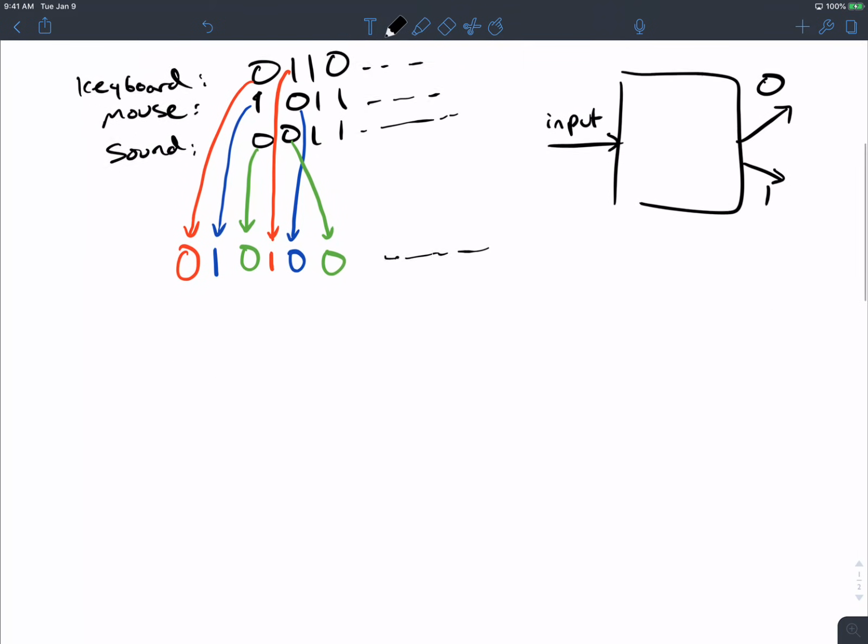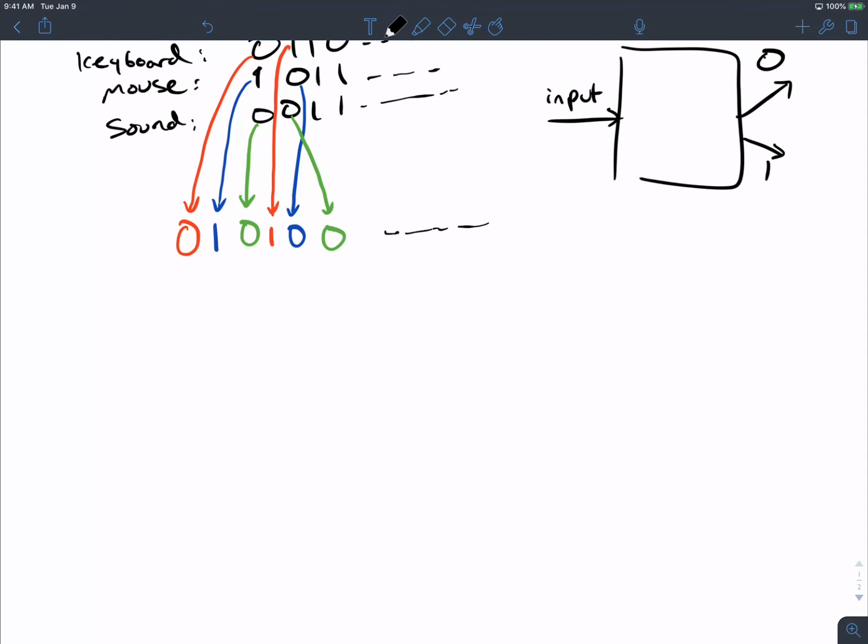Okay? So we can think of memory layouts of computers as states. Okay? So the memory layout of a computer is a state.